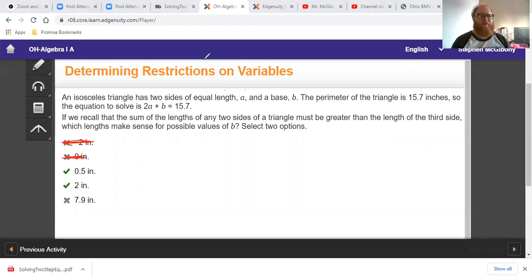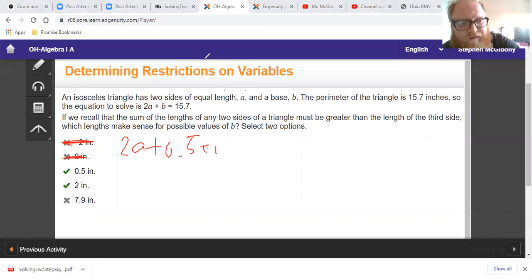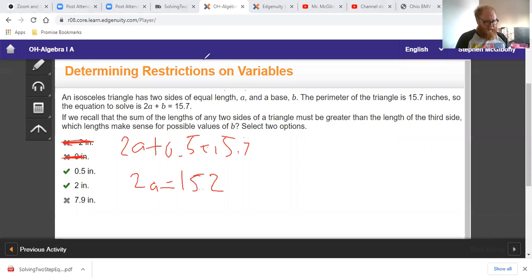So if we put 0.5 in for B, these are the possible values of B. So 2a plus 0.5 equals 15.7. Then 2a equals 15.2. Then we're going to take 15.2 and divide by 2. And a equals 7.6.